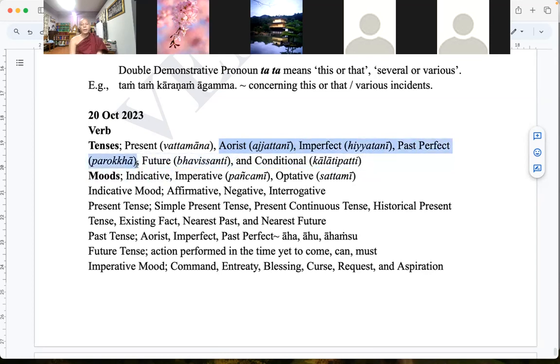Among these 3 in Pali, the aorist Ajjatani is very common. But in some Atthakatha texts like the Jataka, or in poetic form, some Parokkha or Hiyyattani forms can be seen. Hiyyattani forms can also be seen in prose texts like the Samannaphala Sutta. But Parokkha is quite rare.